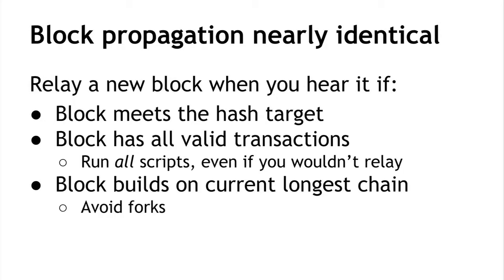Now I've been talking mostly about transactions here. The logic for announcing new blocks whenever miners find a new block is almost exactly the same as propagating a new transaction. So the same algorithm is used to announce new blocks around the network. It's the same flooding algorithm, the same gossip process.